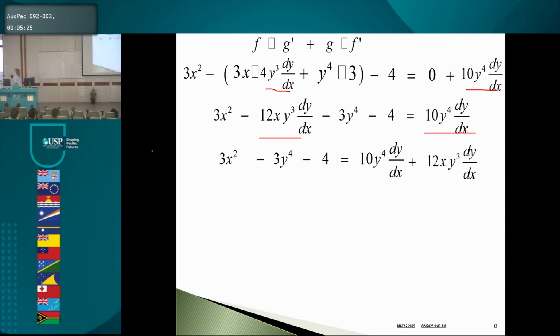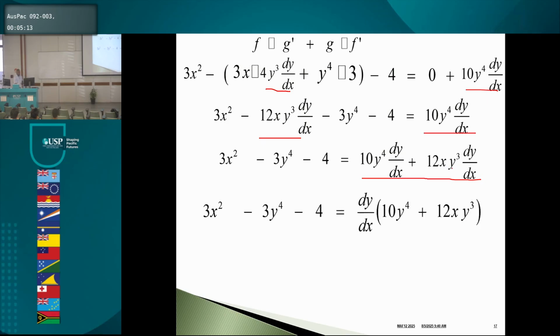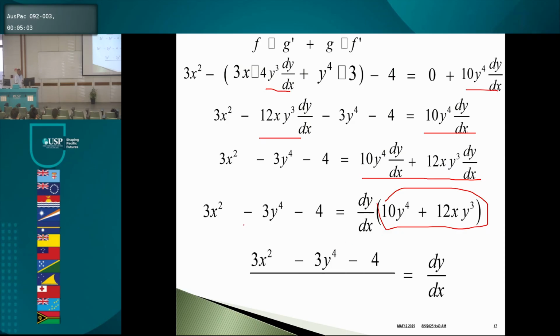You can collect them to the left. And dy over dx is a common factor. I can move it outside of the bracket. And because I'm trying to find dy over dx, take this to the left, sorry. You'll divide it to the left. So dy over dx equals.